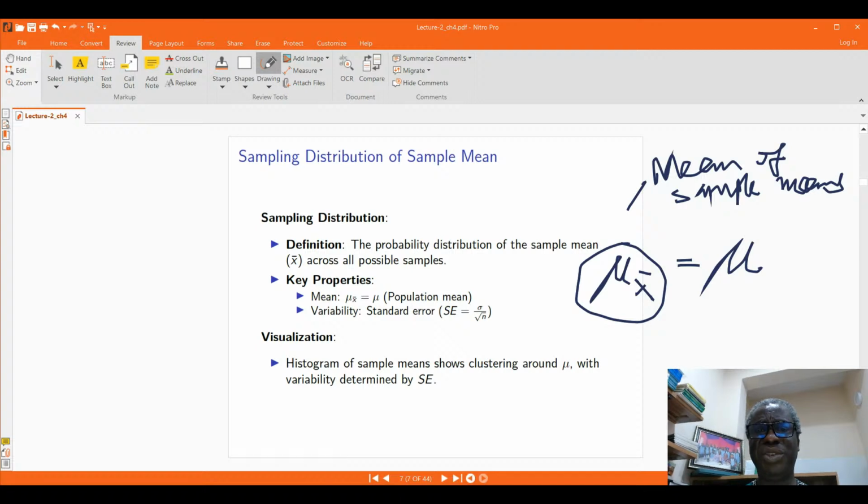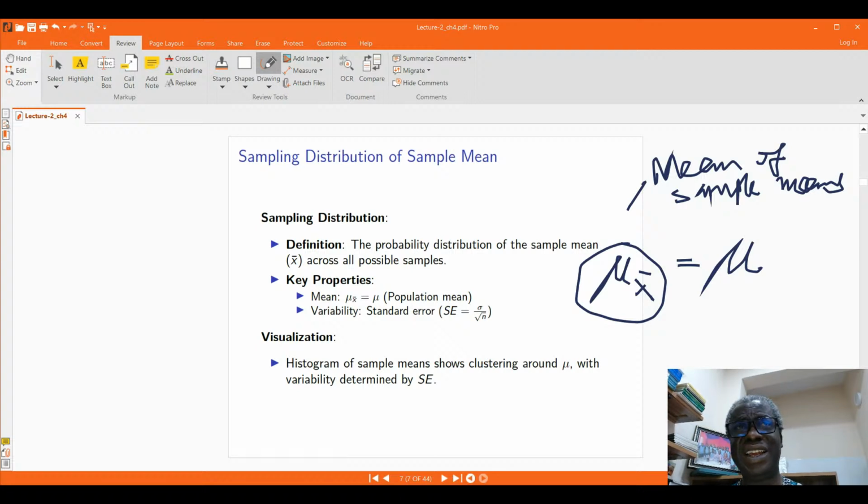So which means standard error is simply the standard deviation of the sampling distribution of a given statistic. So here, for the mean, the statistic of interest is the mean.